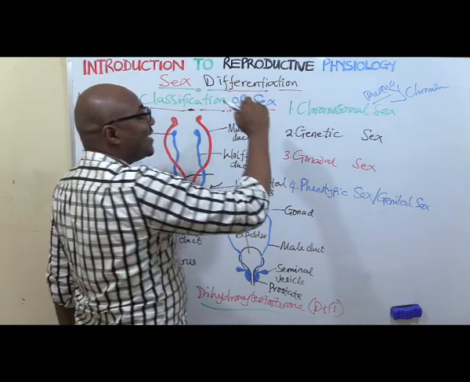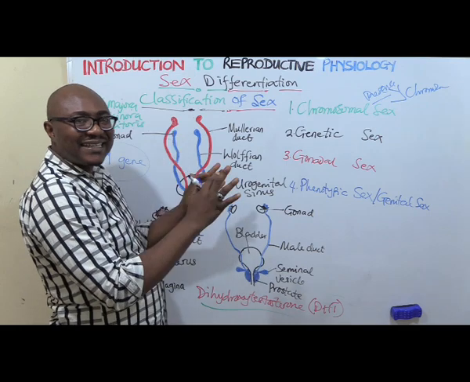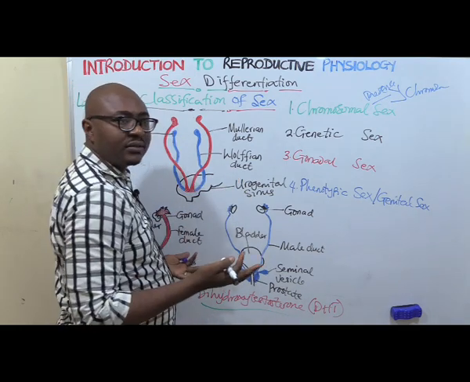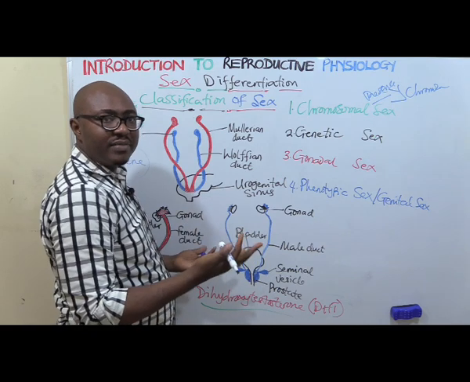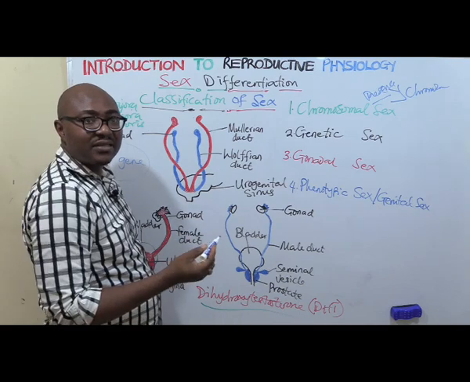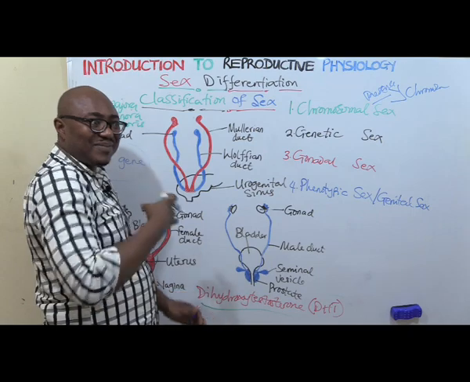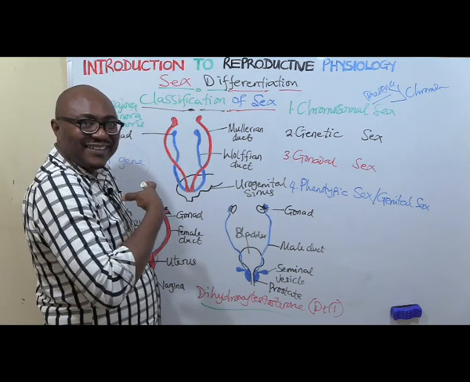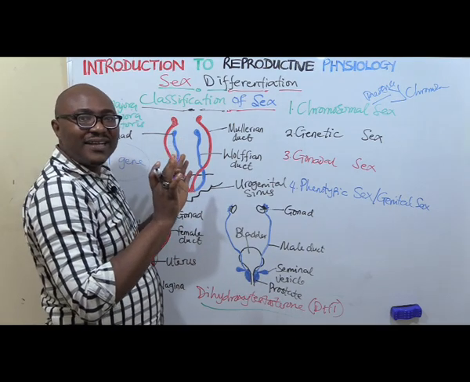So you can have a male chromosomal sex, but genetically the person is not male because the SRY gene is absent. So the person will develop as a female, even if the person has a Y chromosome. Chromosomally the person has Y, but the person will go ahead and develop as a female.